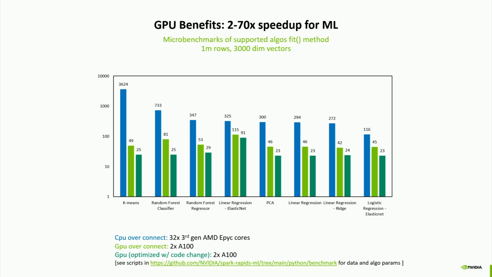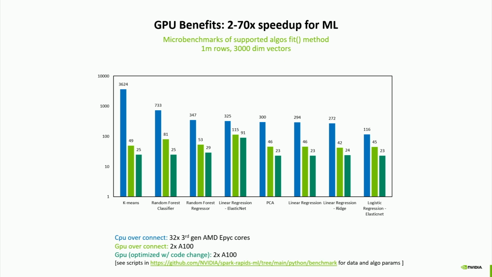The blue and light green bars show execution time in seconds for the CPU and GPU cases respectively. And as you can see, there's anywhere from 2x to nearly 70x speed up depending on the ML algorithm. And notice that the y-axis is log scale, so these are somewhat compressed.